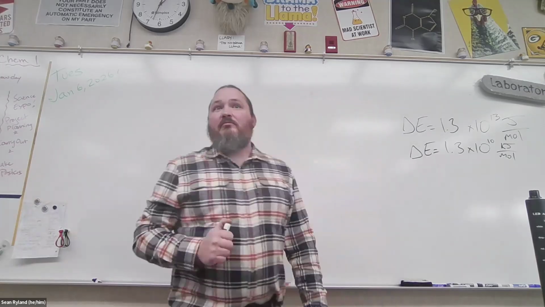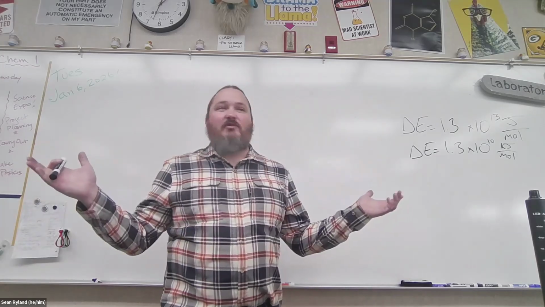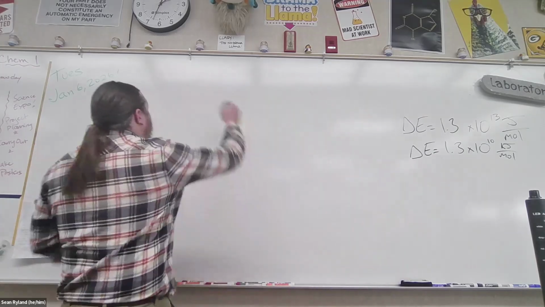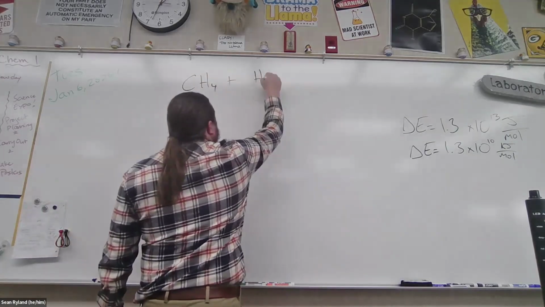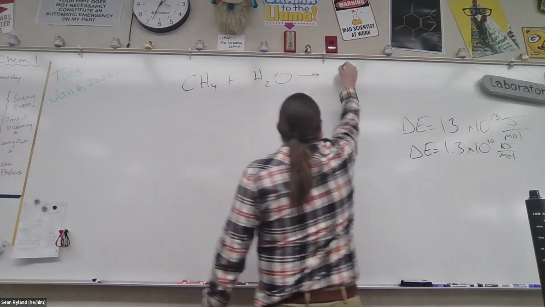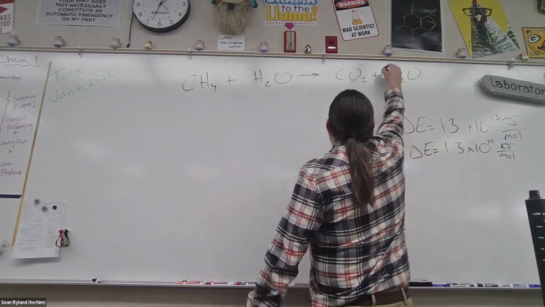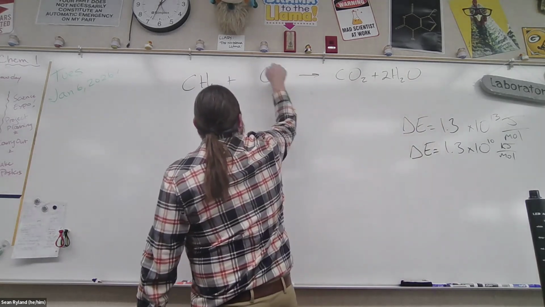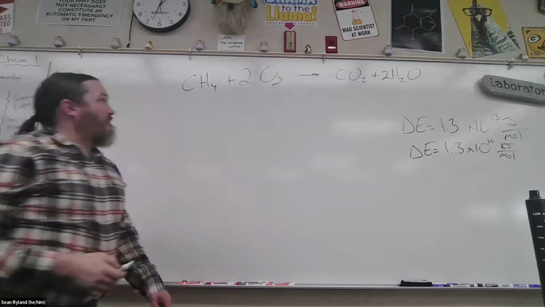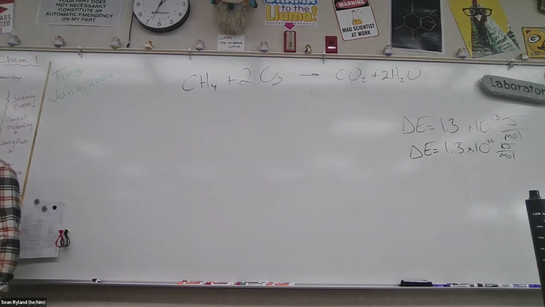All of our other reactions up to this point, we balance them by just looking at how many atoms we have on both sides, right? So if I did something like combustion of methane, we balance it by just making sure we have the same number of carbons, same number of hydrogens, same number of oxygens, right?